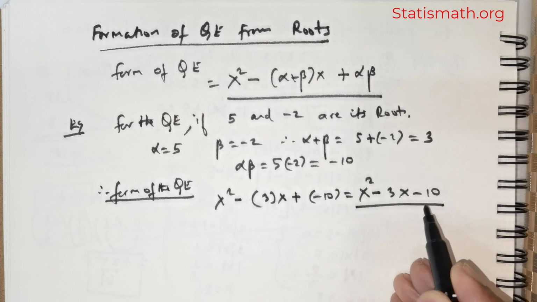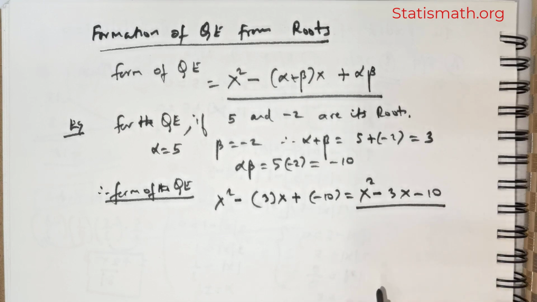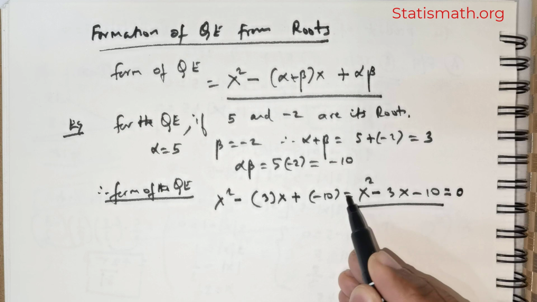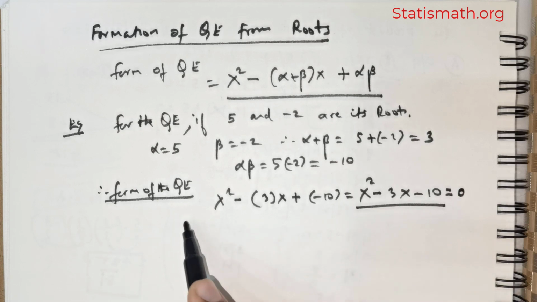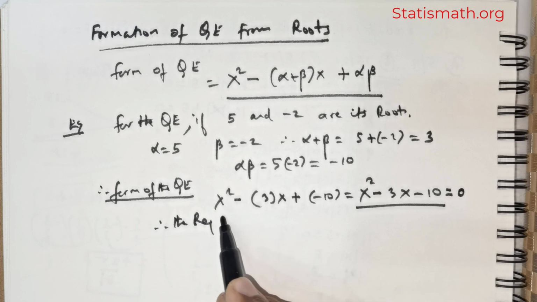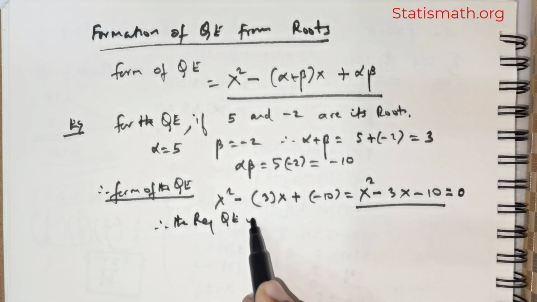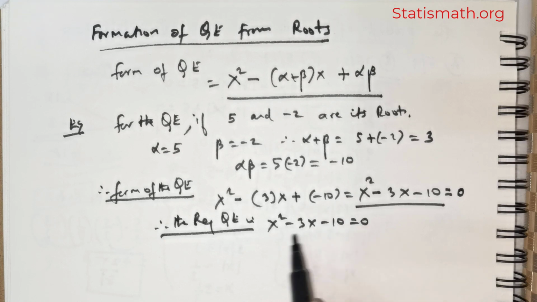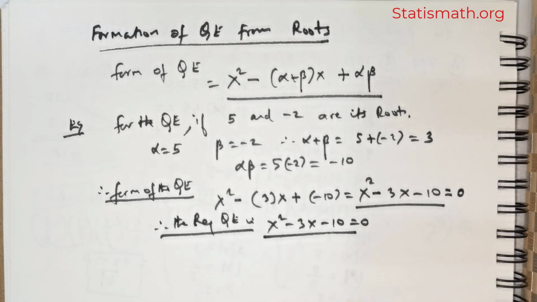So this is the quadratic equation that is formed. In fact, since it is an equation, we will have to equate it to 0. Therefore the required quadratic equation is x squared minus 3x minus 10 equals 0. So that is the solution for this question.